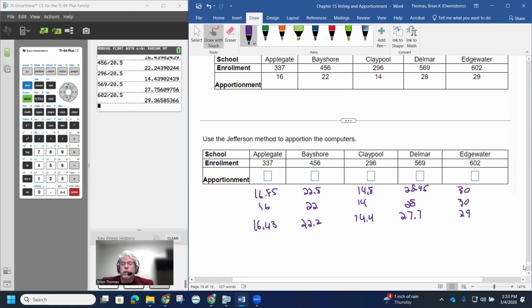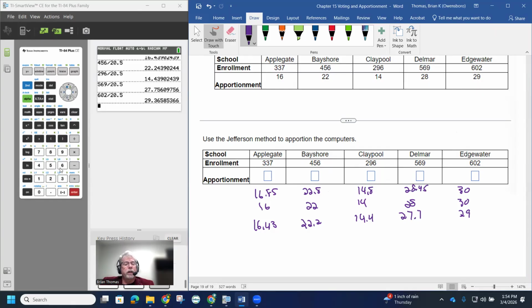It still looks like this answer here is probably going to match this one here, but let's see if we can make the modified divisor work. I'm going to go halfway between 20 and 20.5.